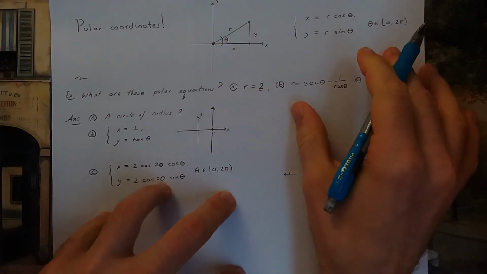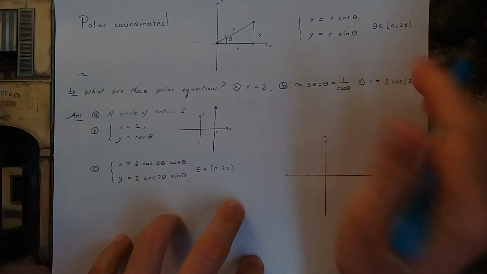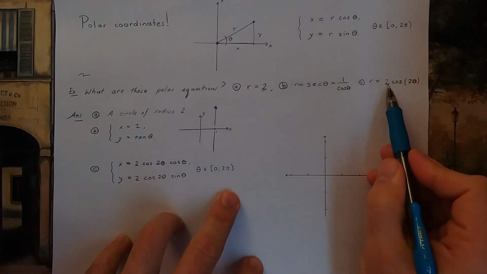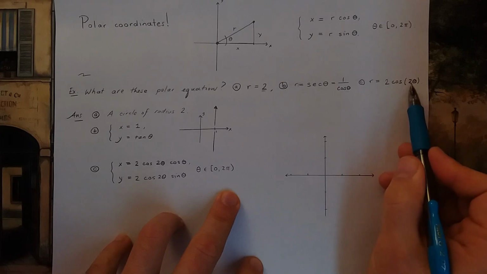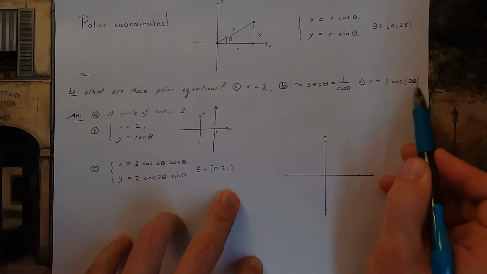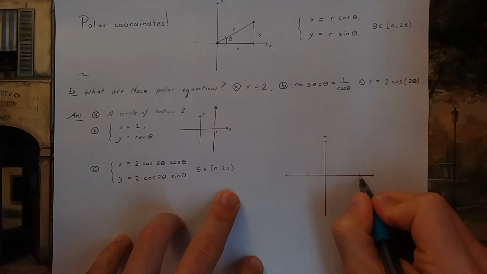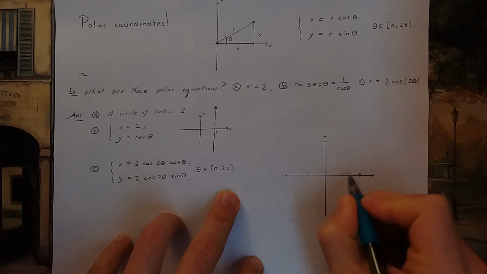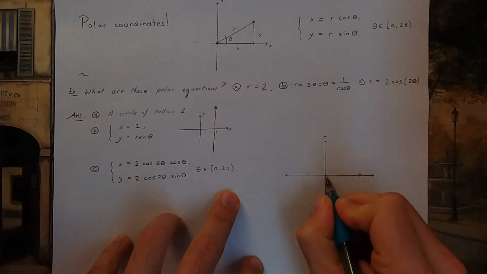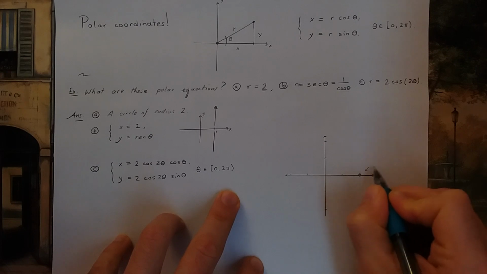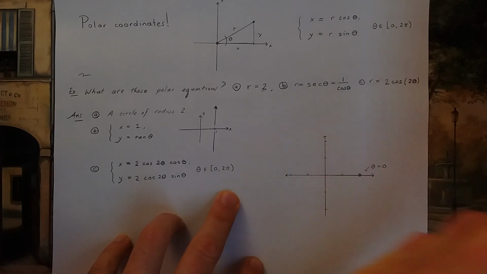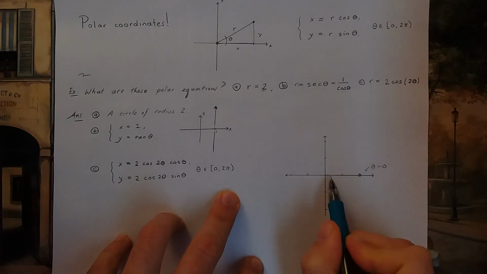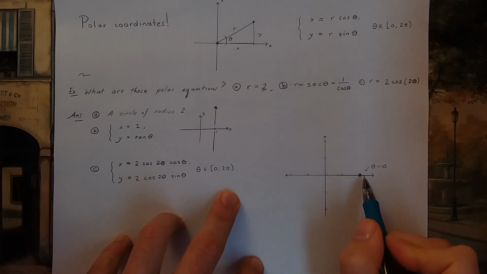If I'm just pointing east, then I travel a distance of 2 cosine 0. Cosine of 0 is 1. So here I am. This is my first value. That's when theta is equal to 0. I'm rotating 0 radians, and I travel a distance of 2.